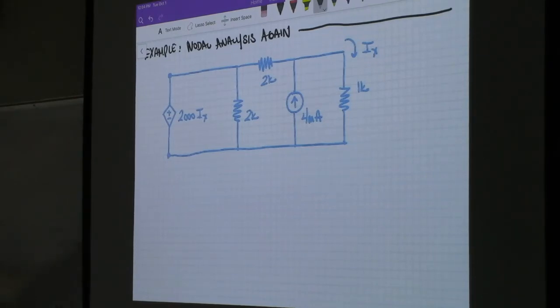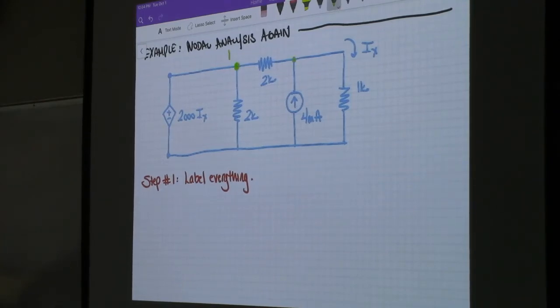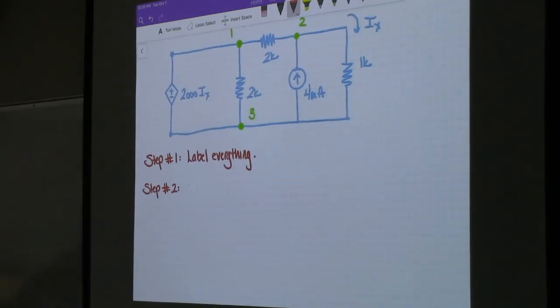Okay. So, label everything. Node number 1, node number 2, node number 3. Step 2. Which node makes sense to choose as our reference?